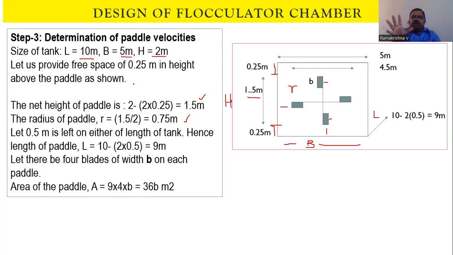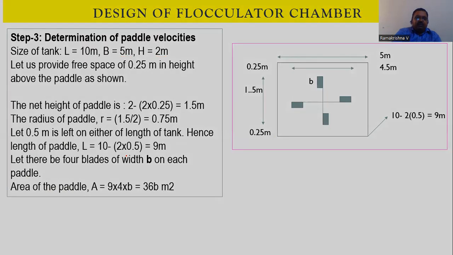Effective length of the shaft is 9 meters, and the width of the blade is B. Now the area of the blades is length of the shaft, width of the blades, multiplied by the number of blades on each shaft. 4 blades I'm keeping here. Length of the shaft is 9 meters, width of the blade is B, number of blades is 4. So it is equal to 36B in terms of meter square.